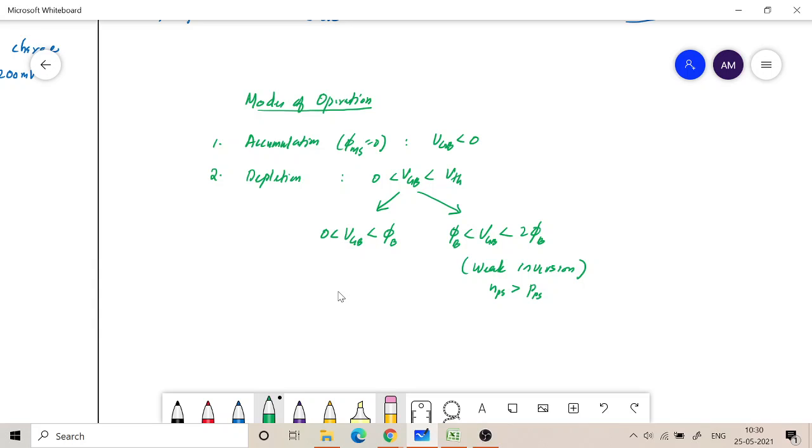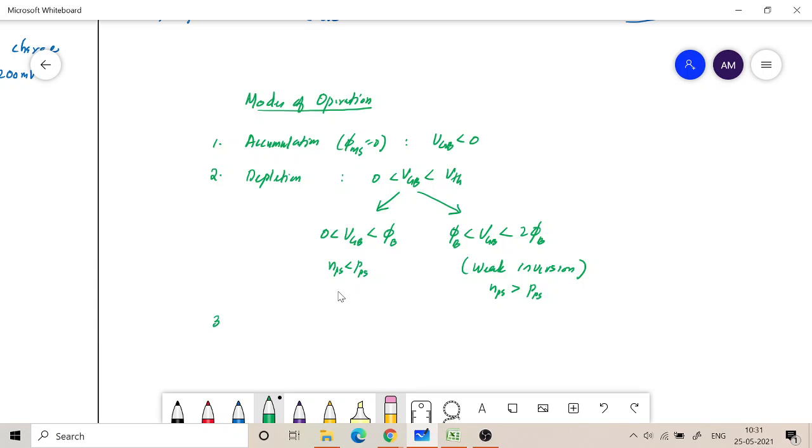So here, though this is depletion mode, when VGB is between 0 and phi B, the material is still p-type near the interface, because your NPS is going to be lesser than PPS. Holes are still the majority carriers.